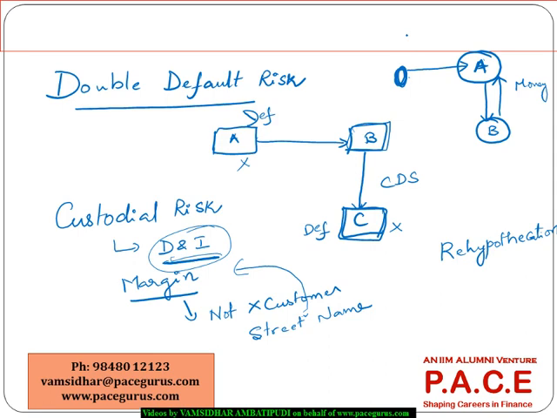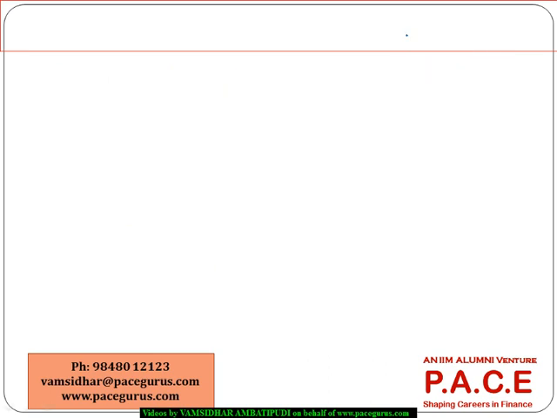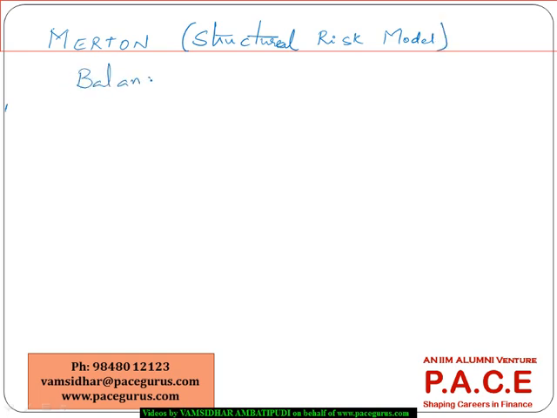Now we will look at one of the most important models to evaluate credit risk, which is the Merton-based model, called a structural credit model, a structural risk model, because it takes the balance sheet structure of the firm. From the balance sheet structure, we try to evaluate the credit risk involved with the firm.